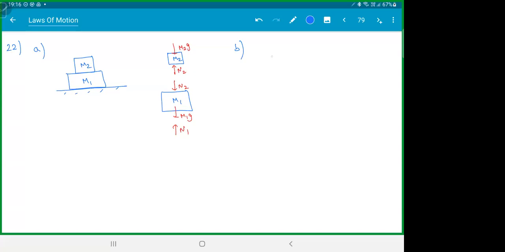Now you guys try. Draw FBD of all the blocks.